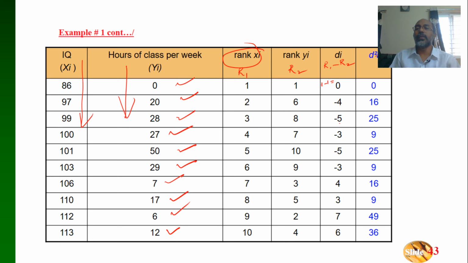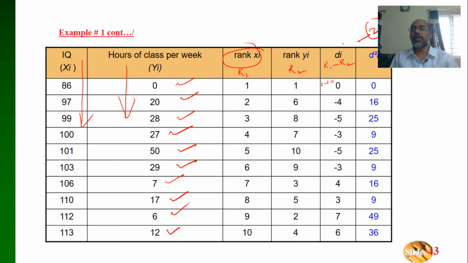Now our duty is to square these values, d into d. 0 into 0 is 0.